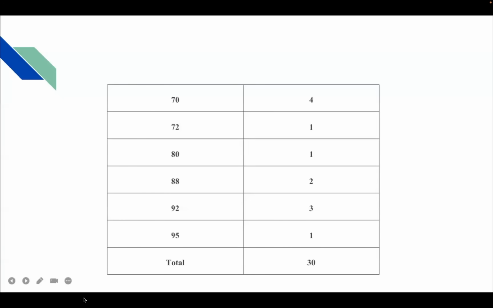So the total is 30. So let's go to the next page.